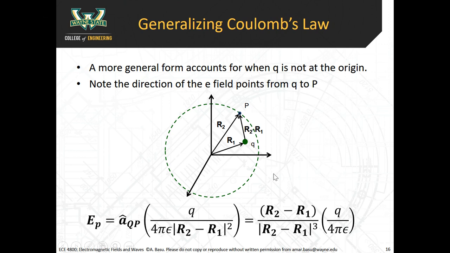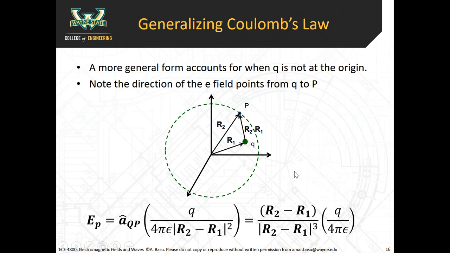And we generalized Coulomb's law by saying, what if the charge is not located at the origin? What if it's somewhere else? We came up with these equations, where instead of a single r vector, you have r2 minus r1. R2 is the coordinates of point P, the observation point, and r1 are the coordinates of where the charge Q is located, at an arbitrary point in space.